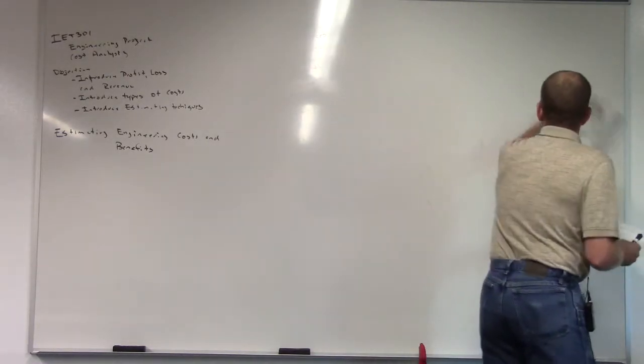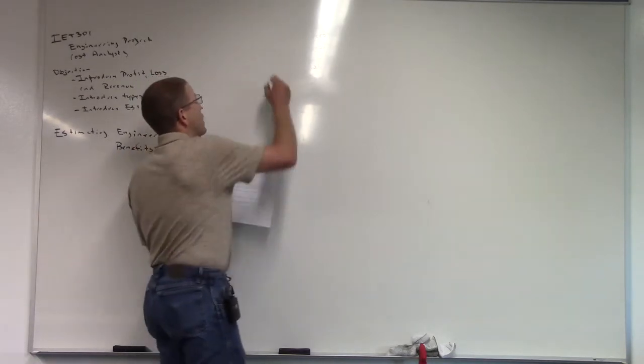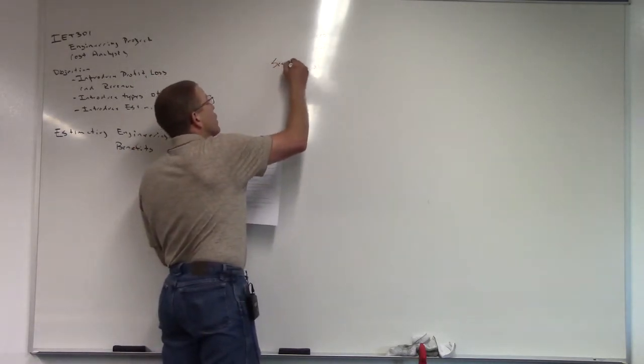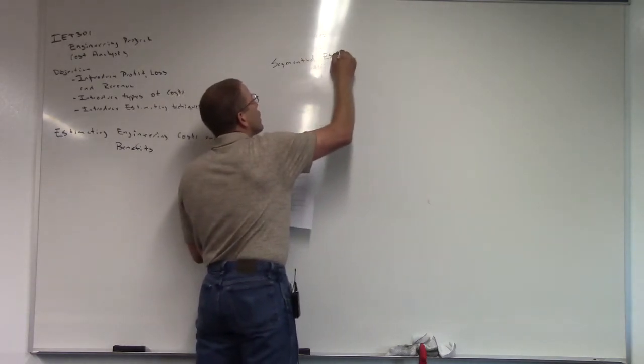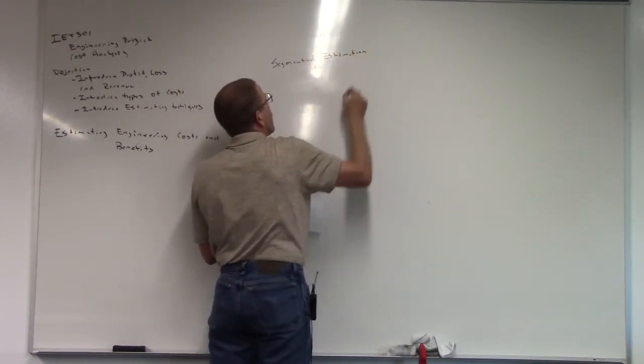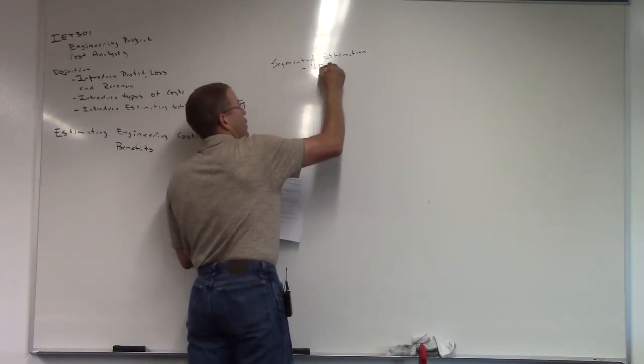Okay, in addition to per unit estimating, we can do segmented estimating. This is what the book calls a divide and conquer.